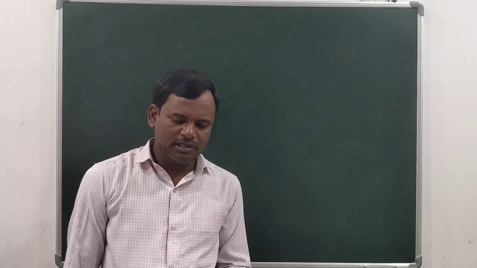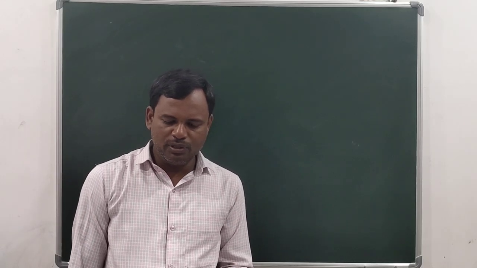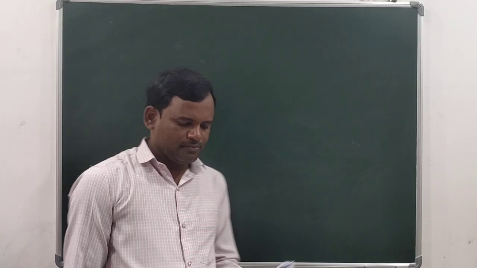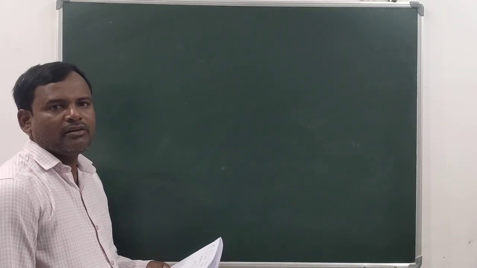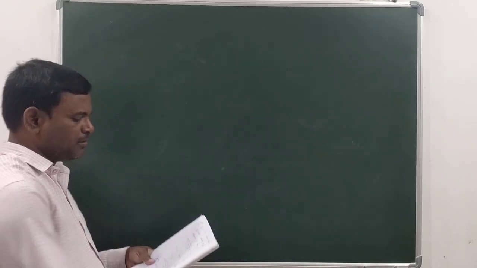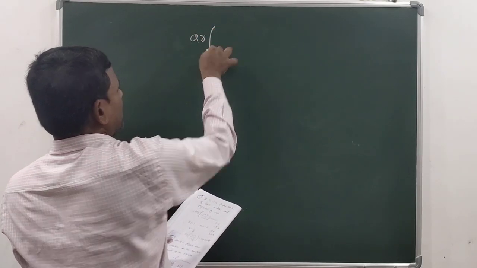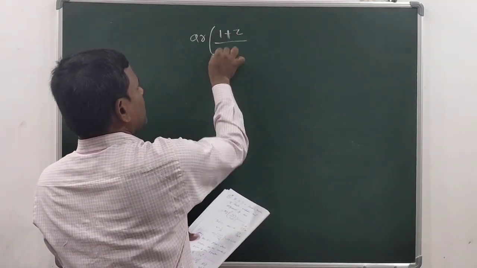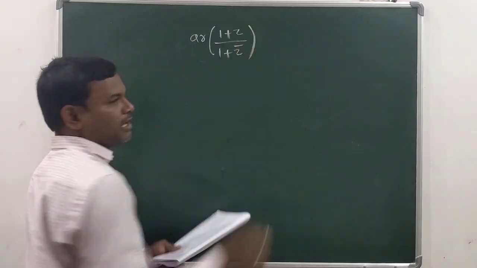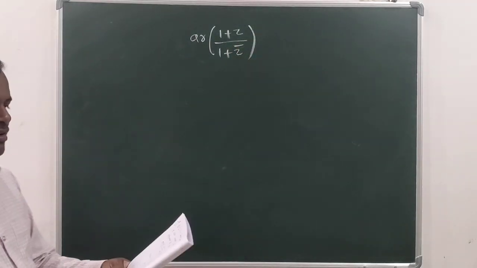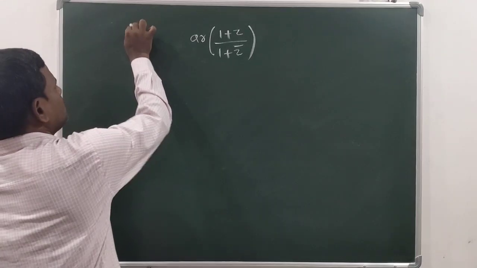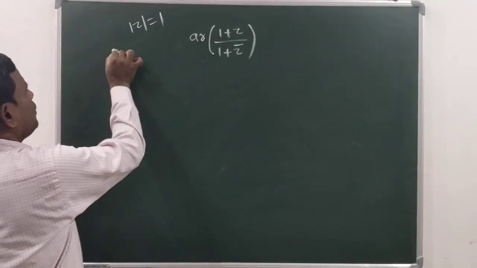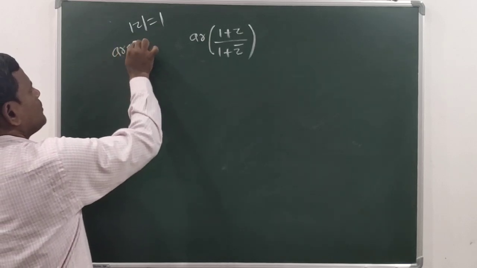If z is a complex number of unit modulus and argument theta, then find the argument of (1 plus z) by (1 plus z bar), where z is a complex number of unit modulus, meaning mod z is equal to 1, and whose argument is theta.